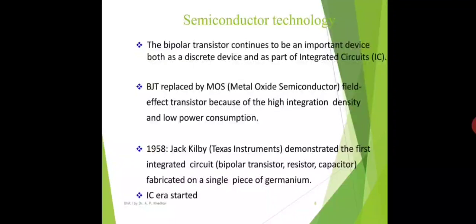The first IC was fabricated using bipolar junction transistor, resistor and capacitor at Texas Instruments. Later, as the bipolar junction transistor BJT was replaced by MOSFET, that is metal oxide semiconductor field effect transistor, and CMOS, PMOS, NMOS, IC technology also changed because of these MOSFETs, and then the IC era started.